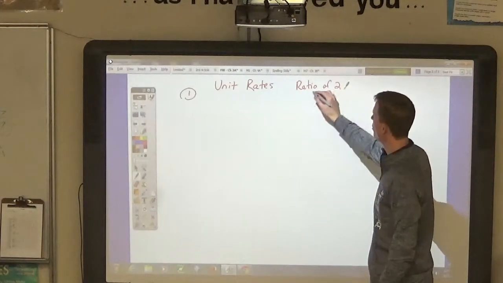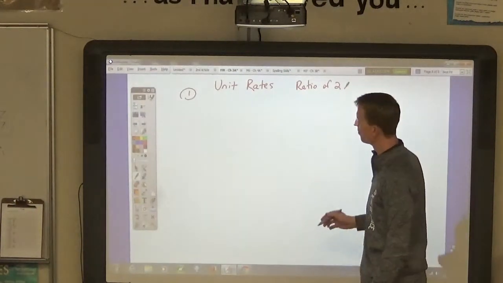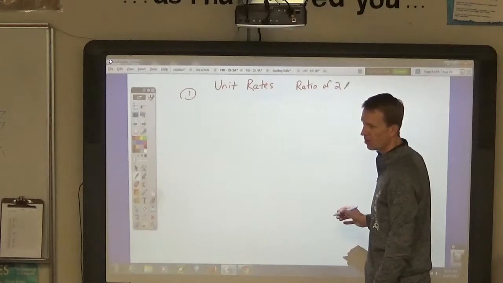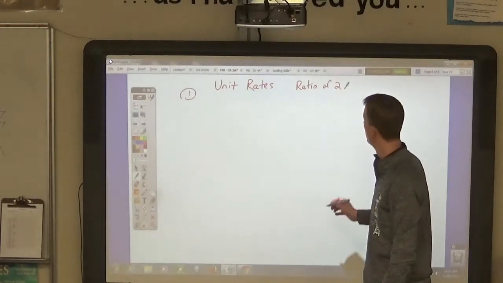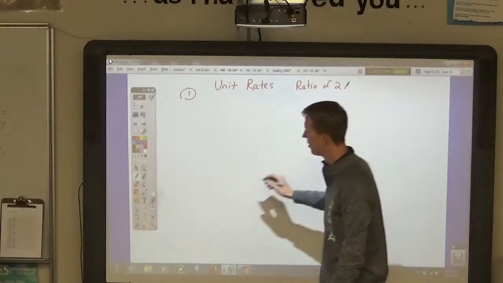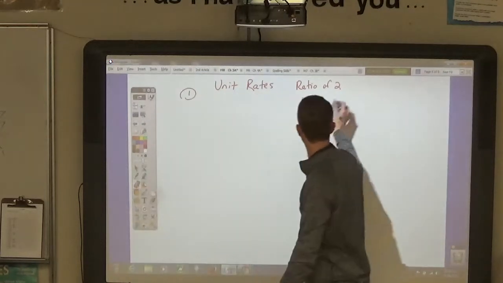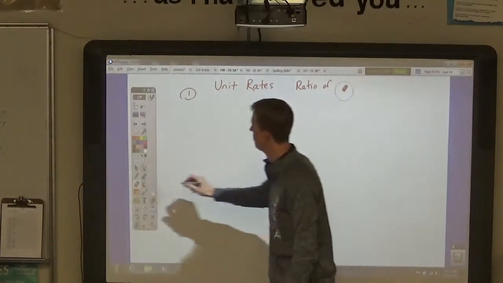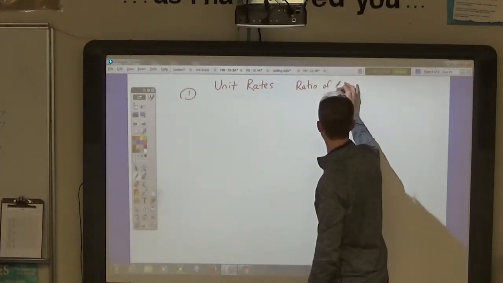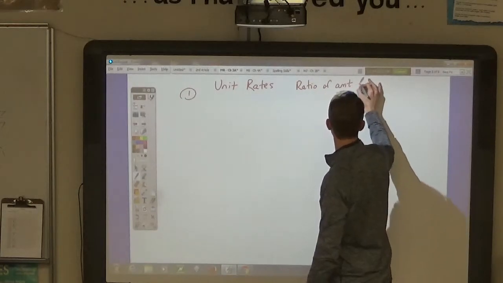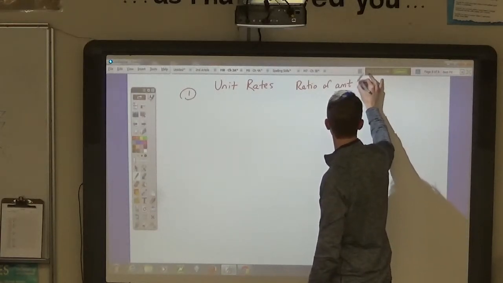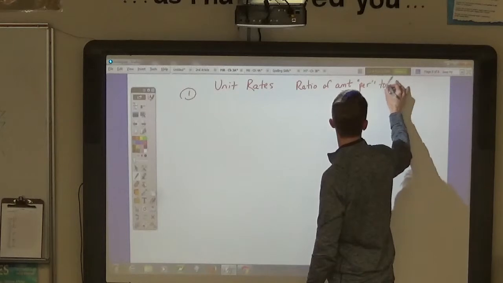So it's a ratio of 2 different things. This is on page 145. It's a ratio of an amount per the other.